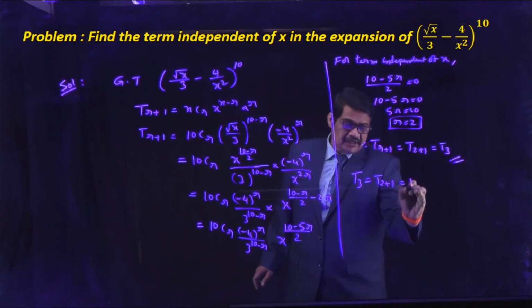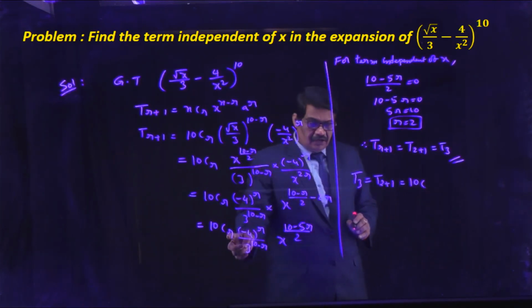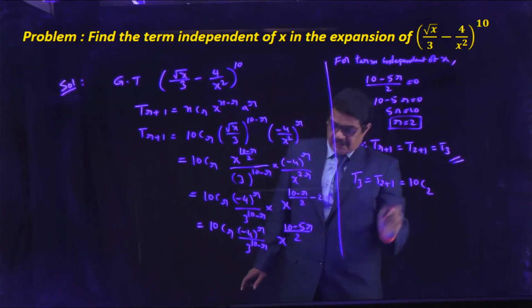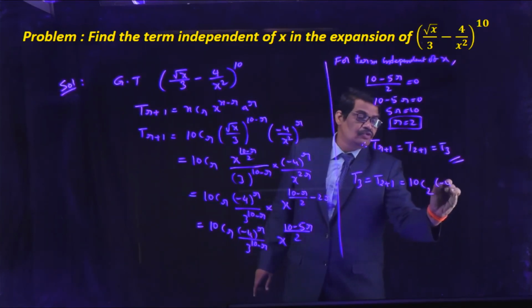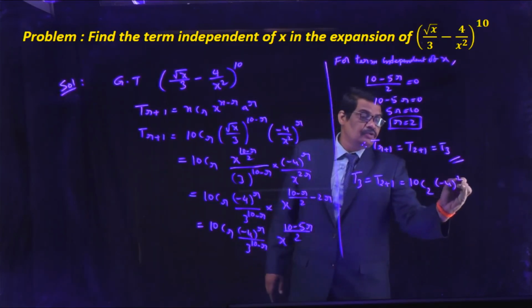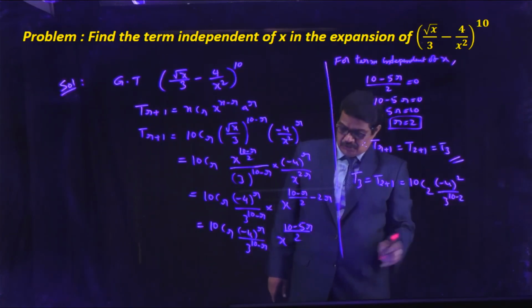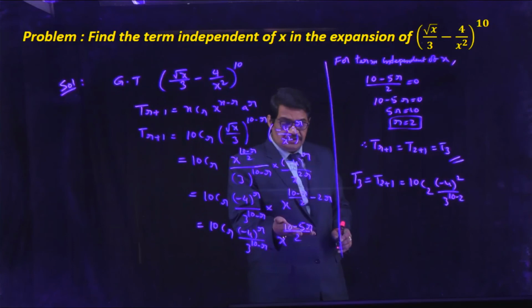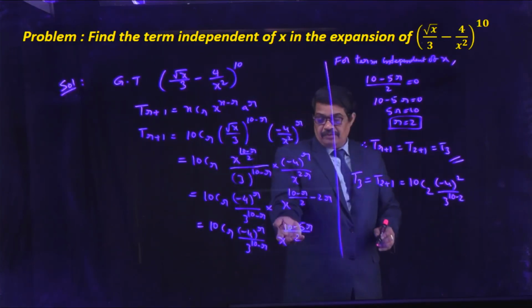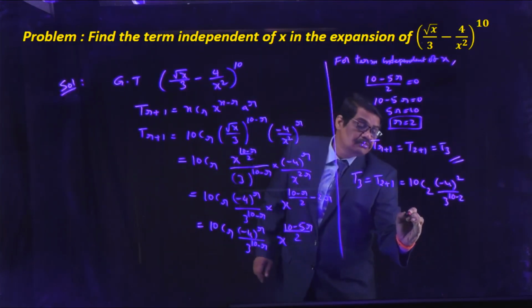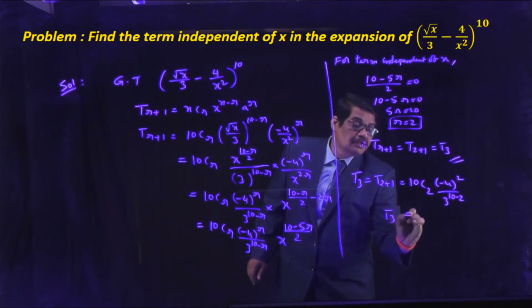That is 10C2, with r = 2: (−4)^2 by 3^(10−2). The x power is 0, so that factor is 1. This is the term T3, the independent term.